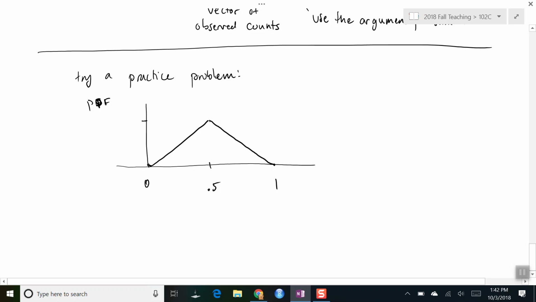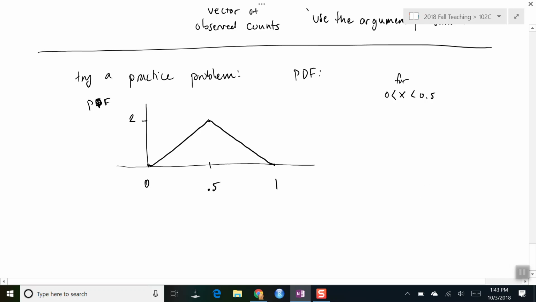The total area has to be 1, so it has to have a height of what? Area of a triangle is what? Base times height divided by 2. Is that right? Okay, so if my base is 1, its height has to be 2. Good, okay.